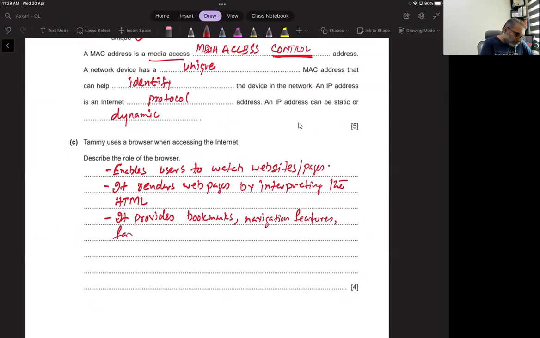Favorites, history, etc. It stores cookies on behalf of the websites.